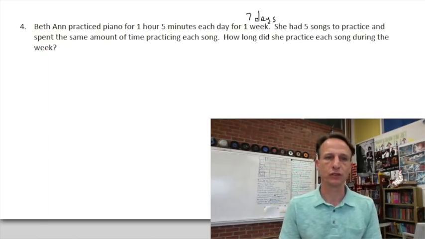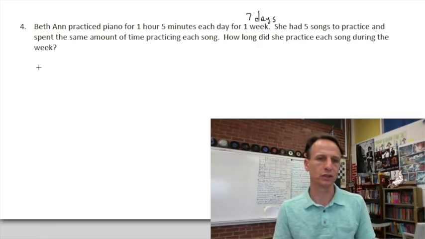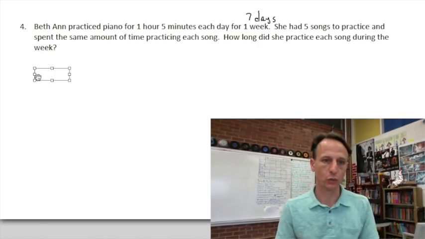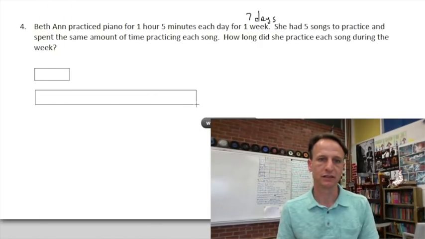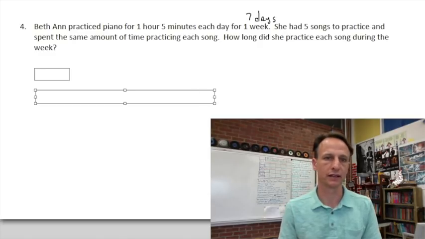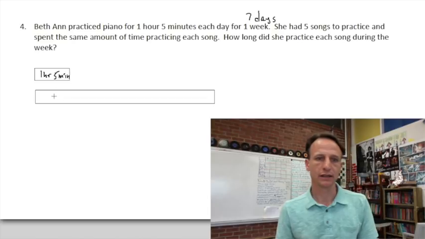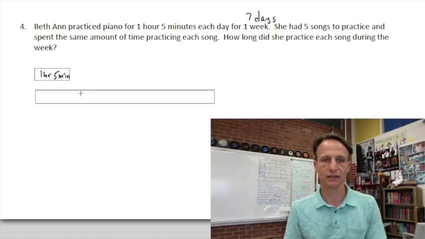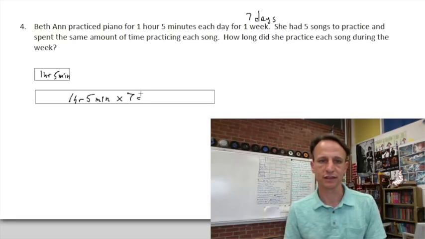Okay. All right, so this isn't a great one to draw for, except, I mean, like, okay, so there's one day, right? And then a week is going to be 7 times that. I don't know, like that. So this is 1 hour, 5 minutes. And then her week is, I'm not going to try to divide this up into 7 separate partitions here. I'm just going to say 1 hour, 5 minutes times 7 days.